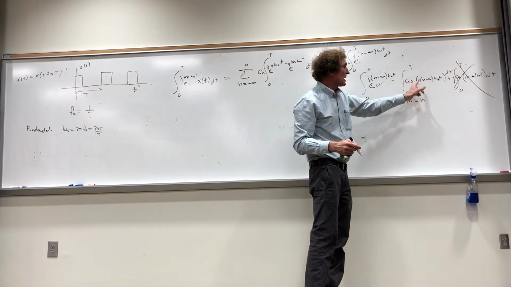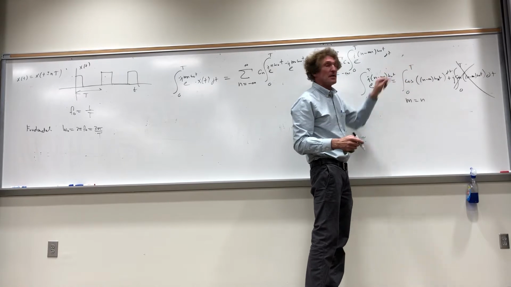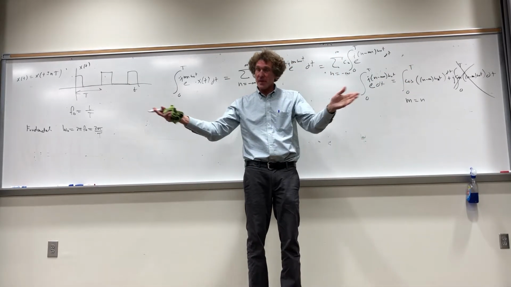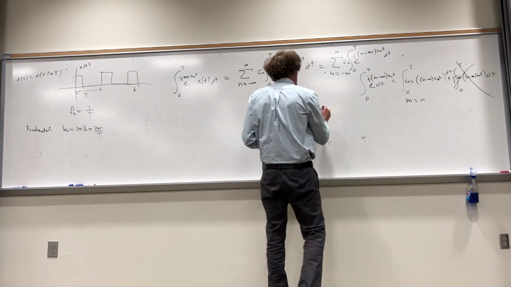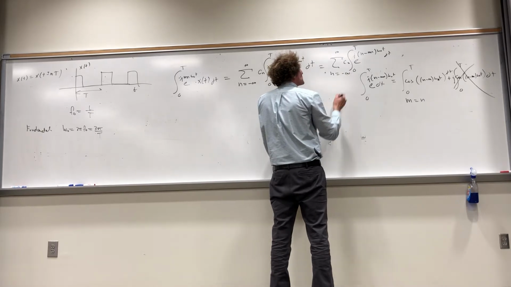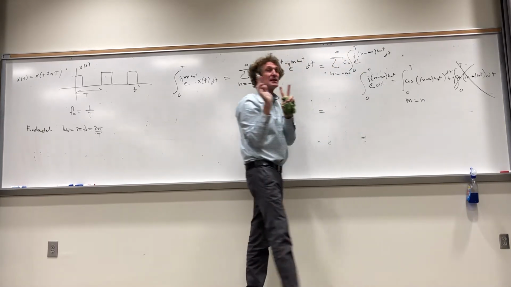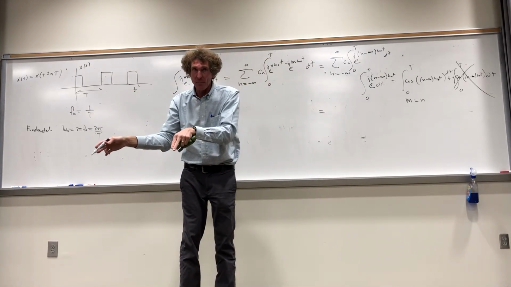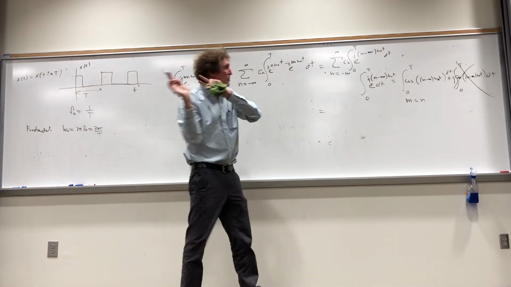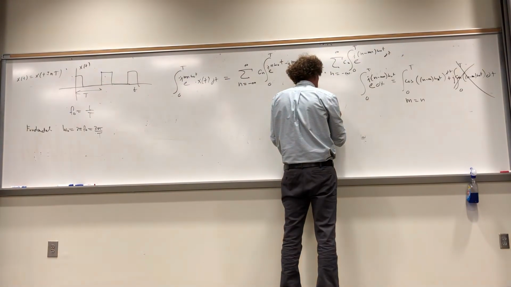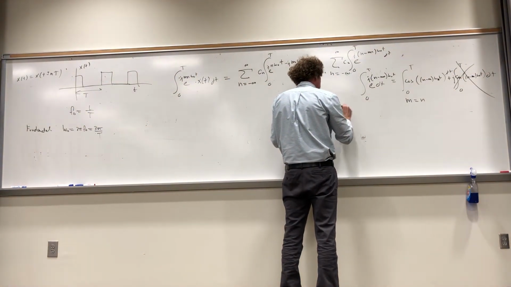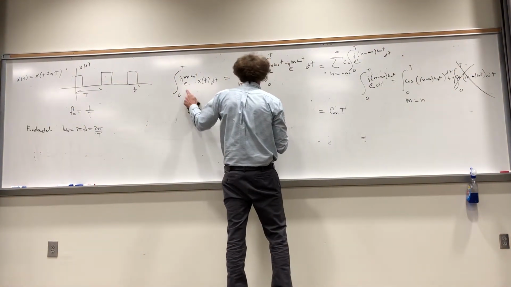It'll be 1 integrated dt from 0 to T. It will be just capital T. As a matter of fact, this is the whole essential proof right here. So that means for this entire sum, the only thing you care about is when n equals m. Follow me? The sum goes away, and the value becomes c of m times T is equal to this.